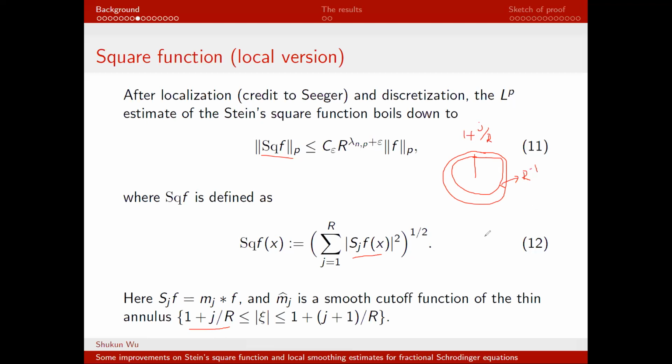To define this discrete square function, we need to consider all the annuli like this. There are roughly R many annuli.